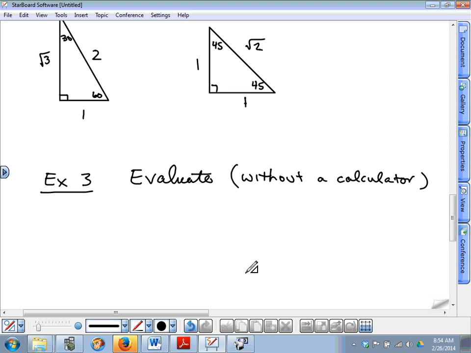And I'll be able to tell. You'll have a guilty look on your face if you use the calculator. You won't be able to hide it. Tell me what the cosine of pi thirds plus the sine of pi thirds is equal to. Without using a calculator, you dang cheaters.